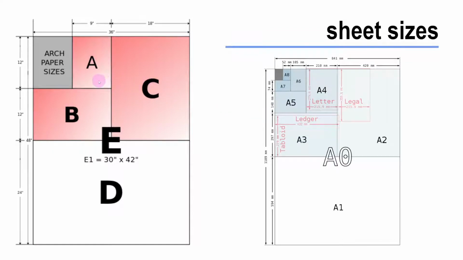What we deal with when we're in AutoCAD and with Revit is architectural sizes. So the largest size architectural paper you can have is a size Arc E, which is 48 inches by 36 inches, or 4 feet by 3 feet. And if you're thinking, wow, that's a huge sheet of paper, you are not wrong.